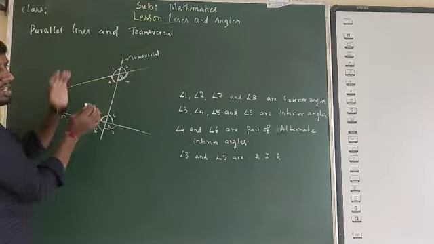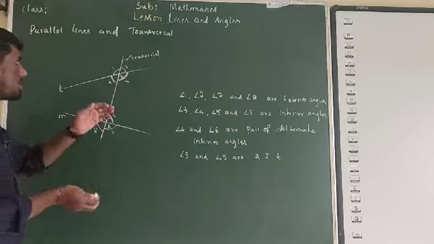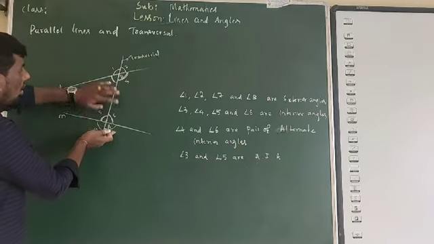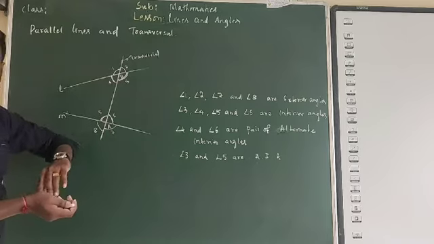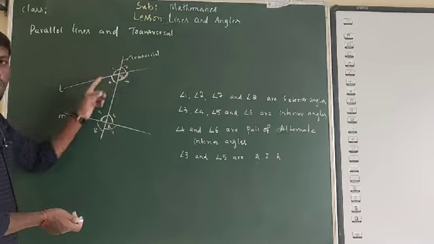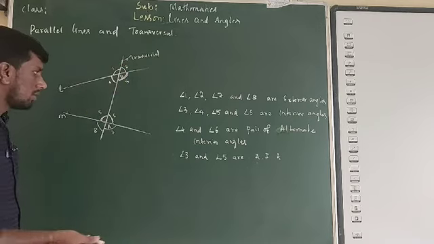Now it comes to exterior. What about angle 1 and angle 7? Alternate exterior angles. Angle 2 and angle 8, again, one more pair.